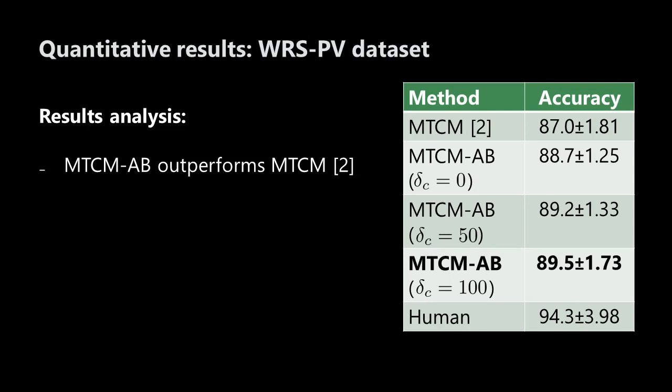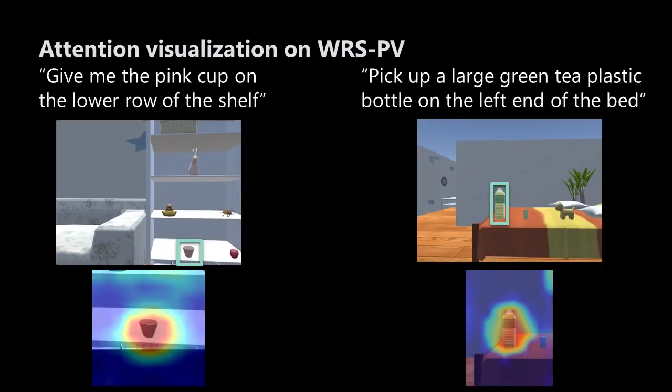The MTCM-AB outperformed the baseline methods. Additionally, consistent attention maps validate the relevance of using an attention branch structure to understand fetching instruction.